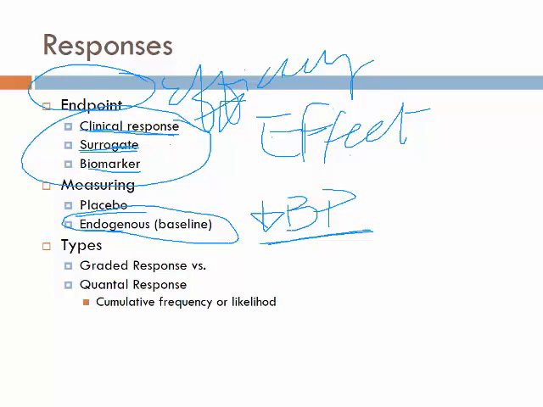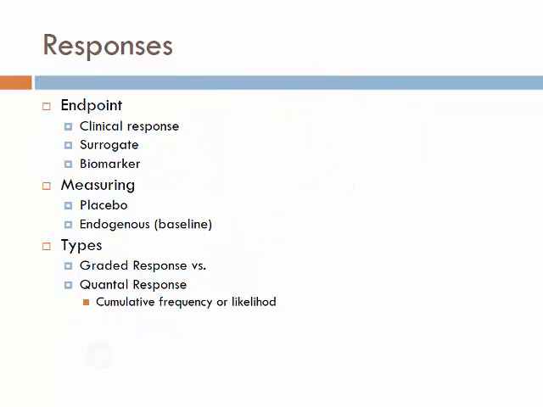So we'd have to take that into effect, either placebo effect or endogenous compounds. There are two different types of effects that we're usually, or types of gradations of effect that we'll see. A graded response is, you know what? We're not gonna get into that. It's not that important. Okay, I'm gonna skip that for now.